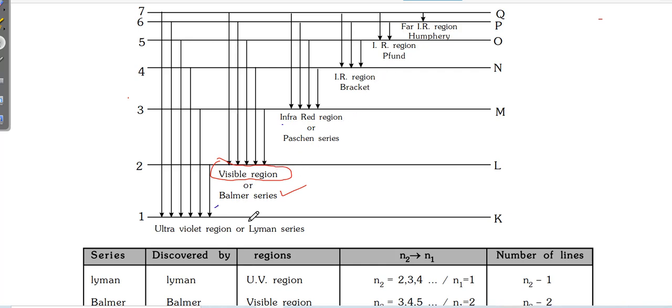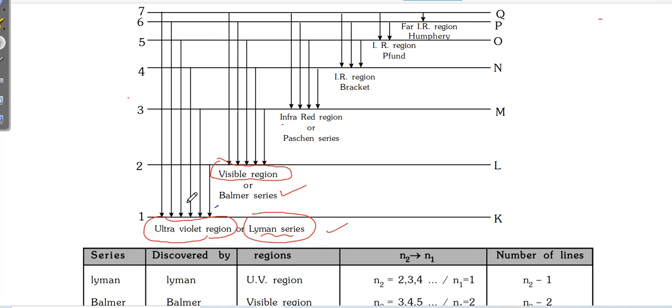One of them, Lyman, observed the same type of lines in the UV region also. How did he come to know about the UV region? He did the same experiment in a UV chamber and observed some lines. Those lines are not visible in normal light. That's why the series he observed in the UV region is the Lyman series.